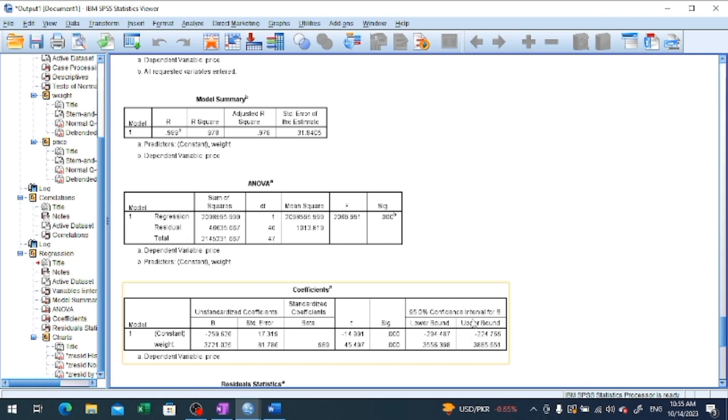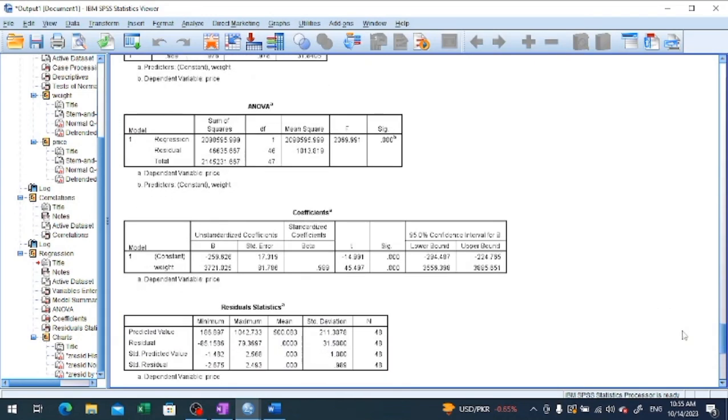Then the 95% confidence interval for the betas. Important here is the 95% confidence interval for the weight coefficient, because it gives the minimum possible and maximum possible change that a unit increase in the independent variable causes in the dependent variable.